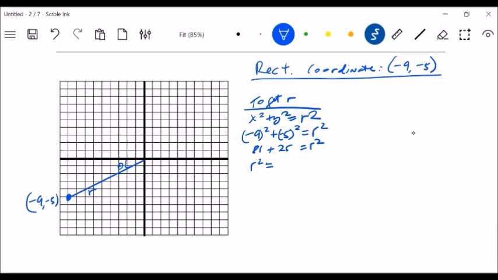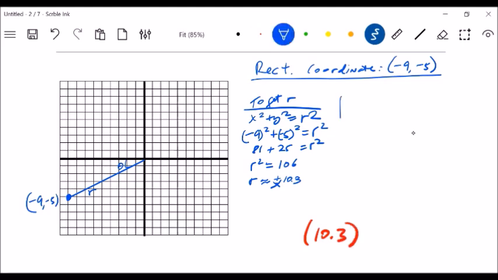So r squared equals these two added together, which is 106. Take the square root of it, and r is approximately equal to plus or minus 10.3. Now, we can't have a negative because distances are always positive. So I now know that r is 10.3.